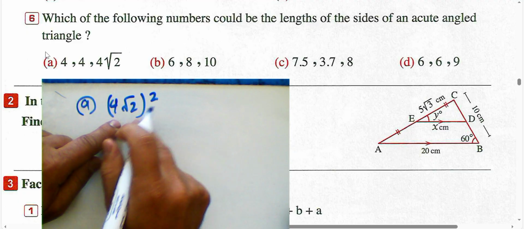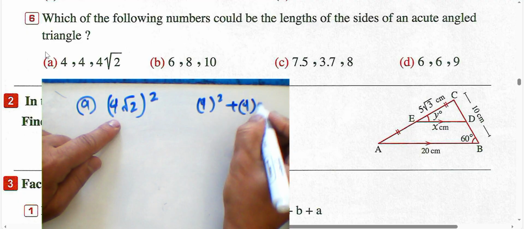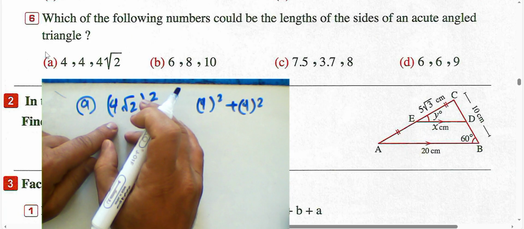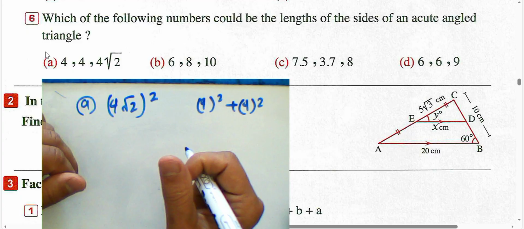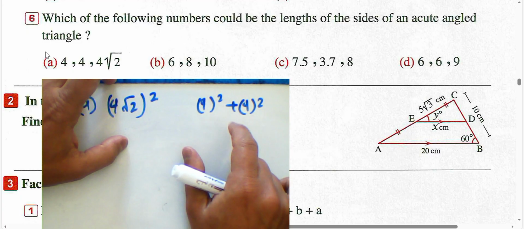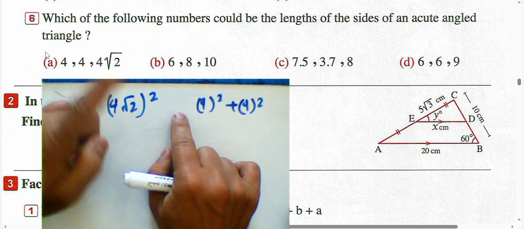You must write 4 root 2 squared first, and 4 squared plus 4 squared, and then compare them. If the right hand side is greater than the left hand side, it will be an acute angle triangle. But the inverse, if 4 root 2 squared is greater than 4 squared plus 4 squared, it will be an obtuse triangle. And if they are equal, it will be a right angle triangle.